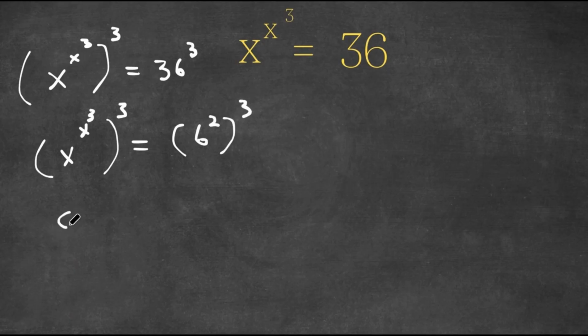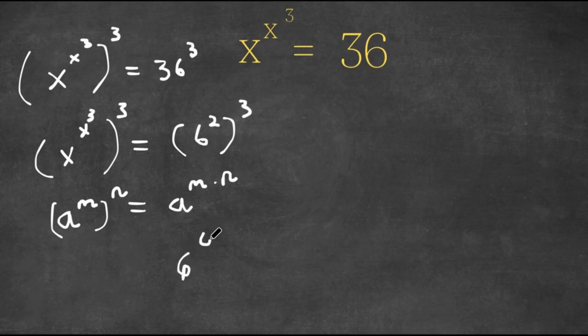Now, if we have something in the form (a to the power of m) to the power of n, this is equal to a to the power of m times n. So as you can see here, (6 squared) to the power of 3 would equal 6 to the power of 2 times 3, which is 6 to the power of 6.